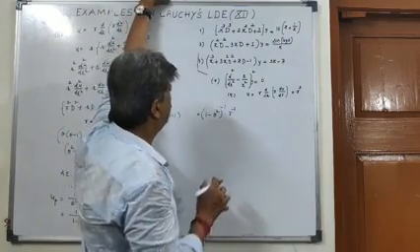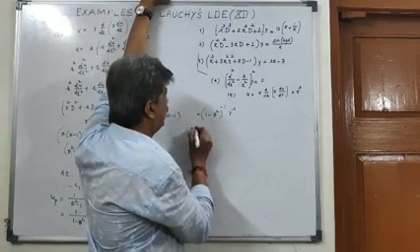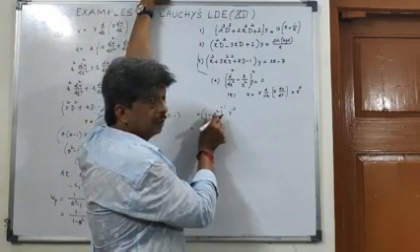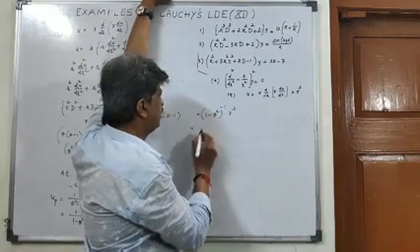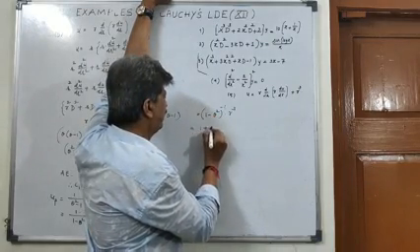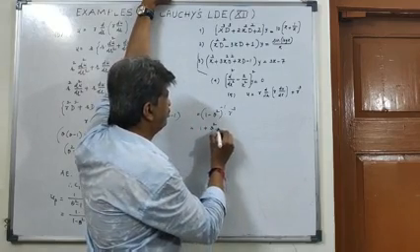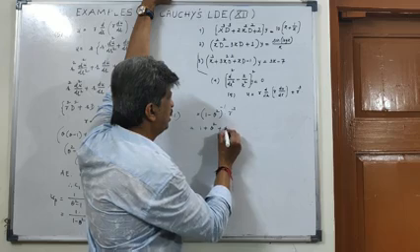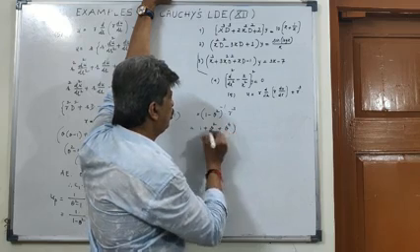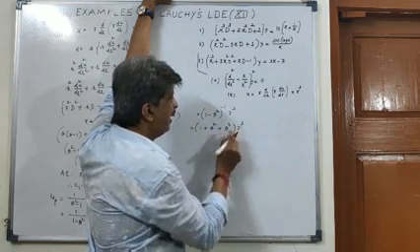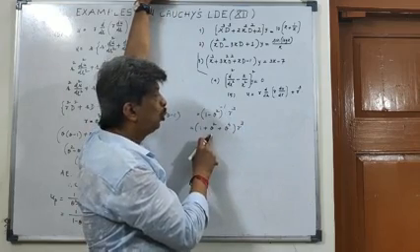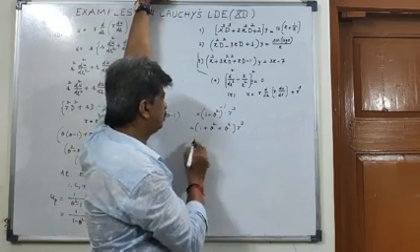Now, I will be expanding this using the binomial method. So it is 1 plus theta square plus theta raised to power 4, to be expanded up to the theta cube term.